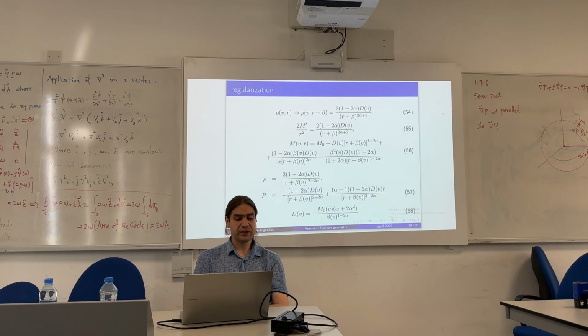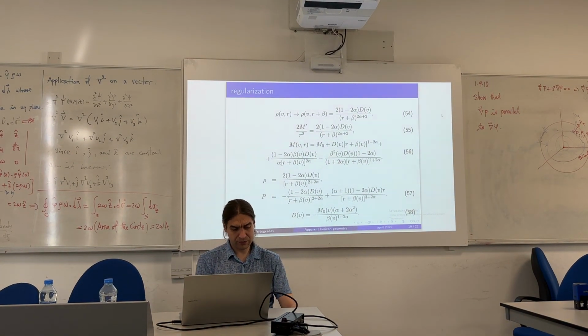To solve the Einstein field equation is not the easiest way, and we should consider three cases, but the physically motivated case is the following: when alpha is bigger than 1/2.